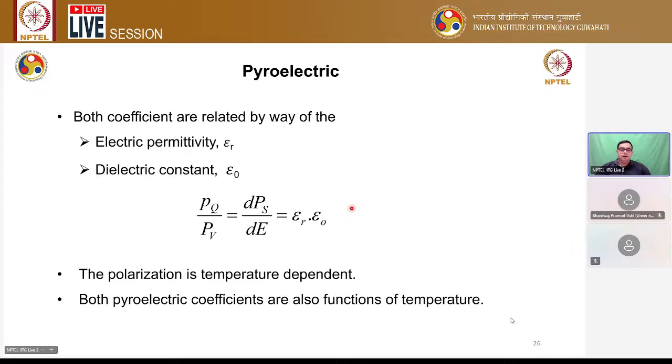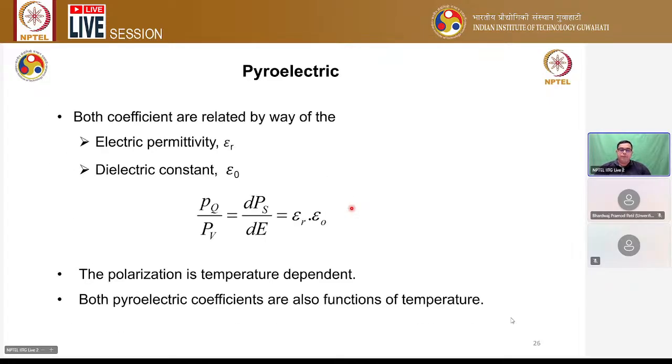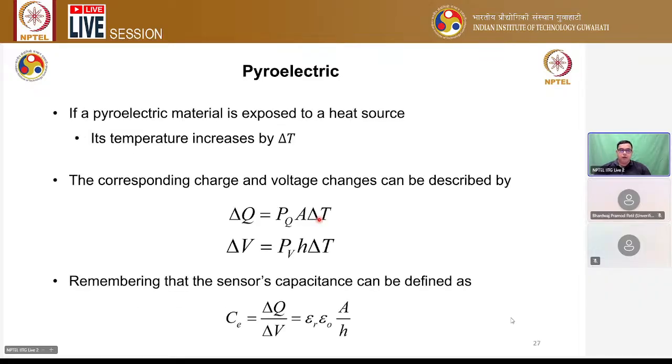And then we calculated this PQ by PV as epsilon R into epsilon naught, okay? And we talked about charge and voltage changes that can be described as delta Q as PQ A delta T and delta V as PV H into delta T, okay?